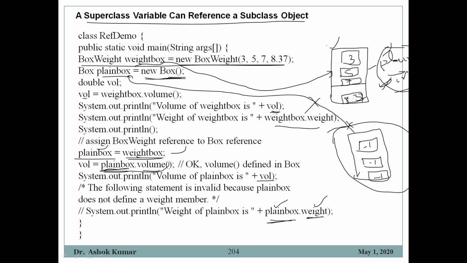Whatever members belong to superclass can be called with plain box if the plain box is referring to the subclass object. But the subclass members, like here the weight of the box, cannot be accessed through plain box. So that's why here we will not be able to access it. That I have written over here. The following statement is not valid, and it's commented over here also. So this will not be accessible through the superclass reference variable.